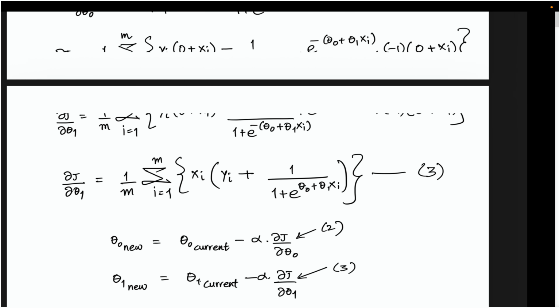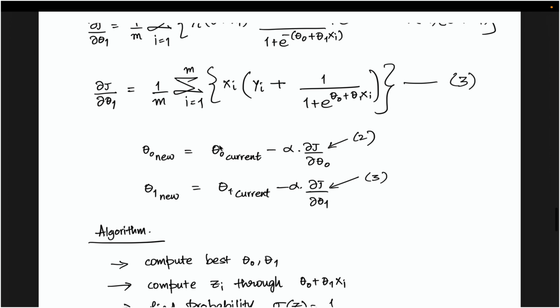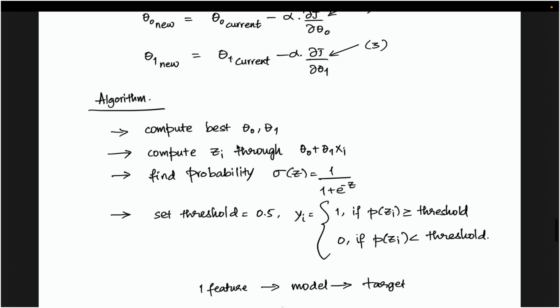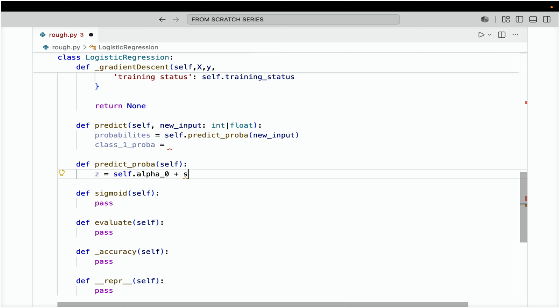So same, following the algorithm here. So this part is done. So compute the best theta 0, theta 1 is done. You're taking a new xi and passing that through this equation and getting the zi. So zi is this self dot theta 1 star x.